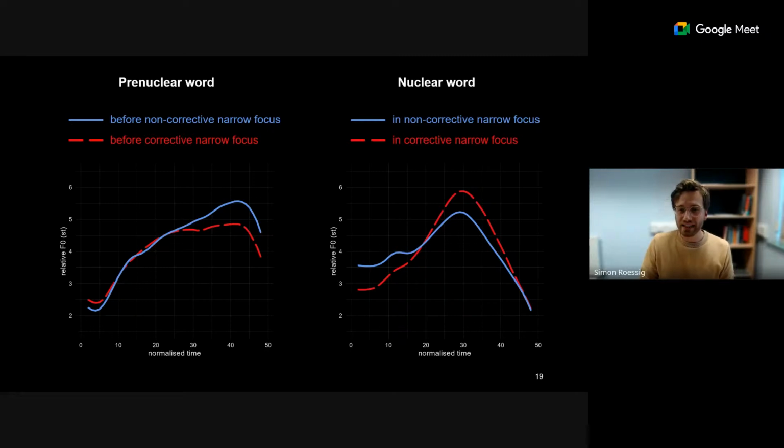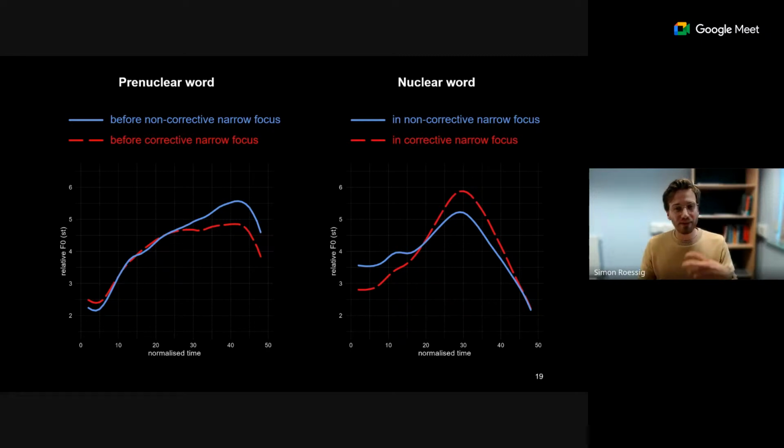It's a really interesting question, and I just start to think about it now. My short answer now would be yes. There is the potential to get more categorical differences for broad versus narrow focus, maybe, and fewer for narrow versus contrastive or corrective focus.